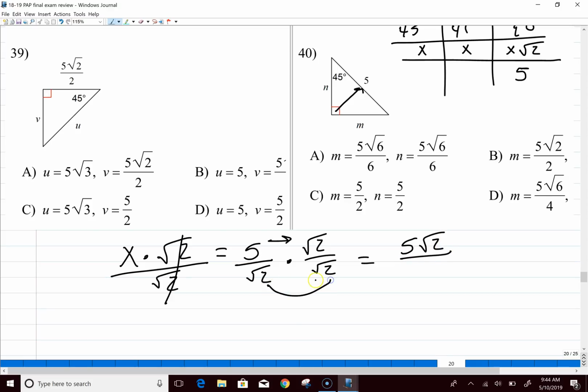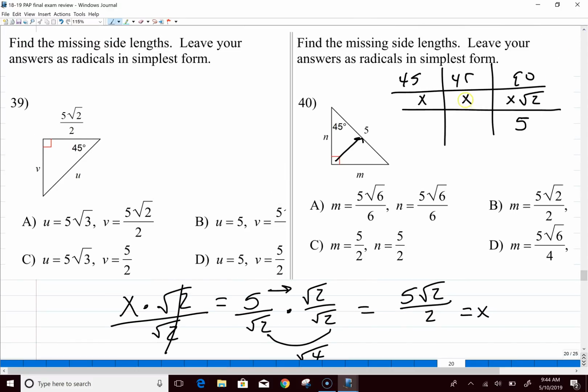The square root of 2 times the square root of 2 gives me the square root of 4, and the square root of 4 is 2. So x is 5 square root of 2 over 2. The only one that has 5 square root of 2 over 2 is letter B.